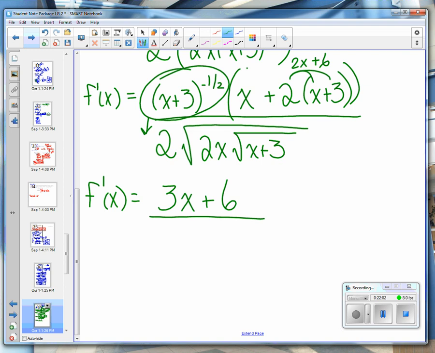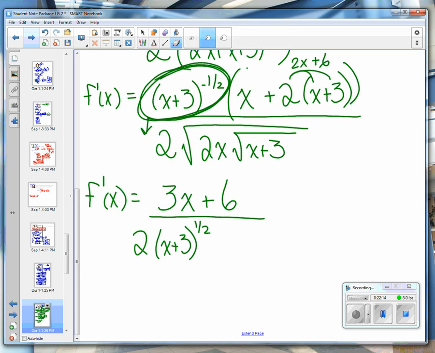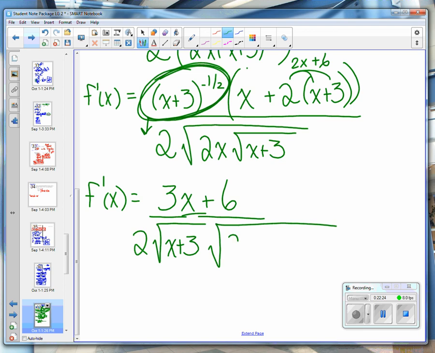And on the bottom, I have that 2. I've got this guy here, which is now going to become x plus 3 to the power of positive a half, which I'm going to be lazy so that I don't have to write out the whole thing again. This would become the square root of x plus 3. And then that would be multiplied by what was already down there. So that's the 2x root x plus 3.